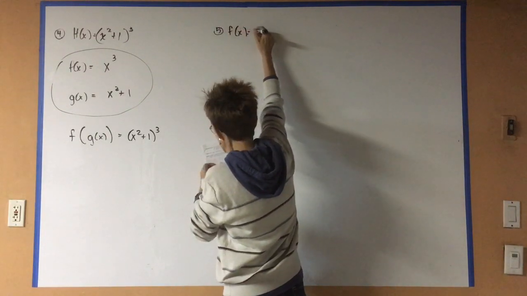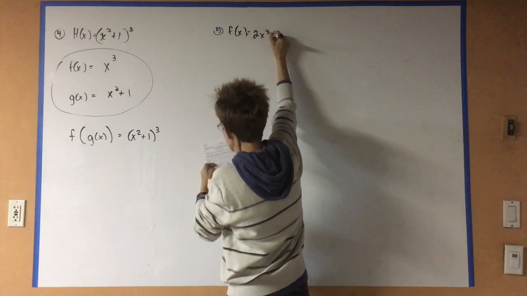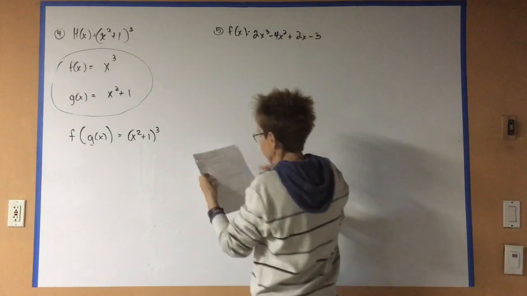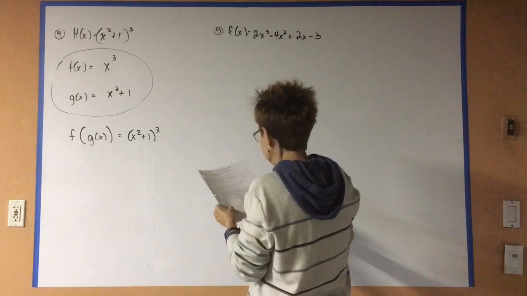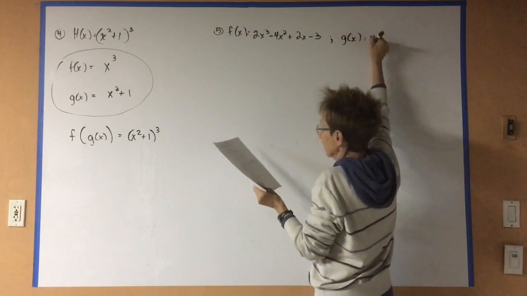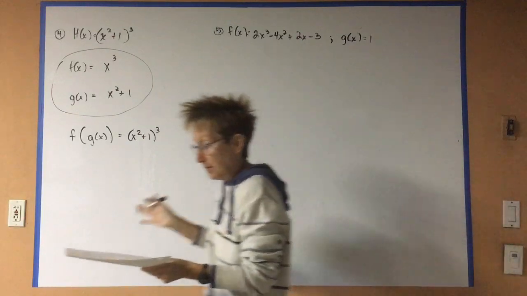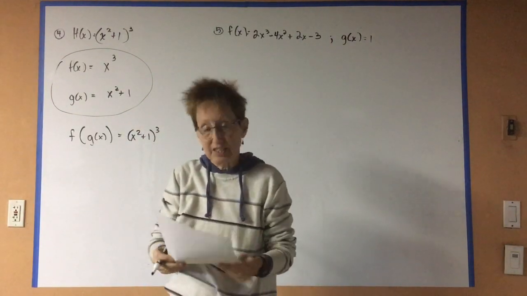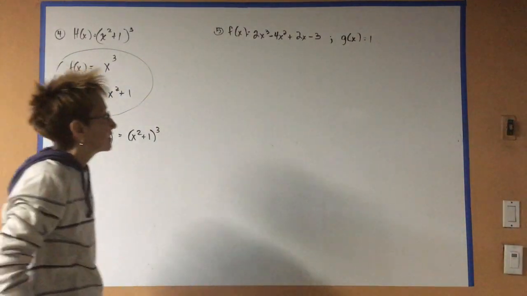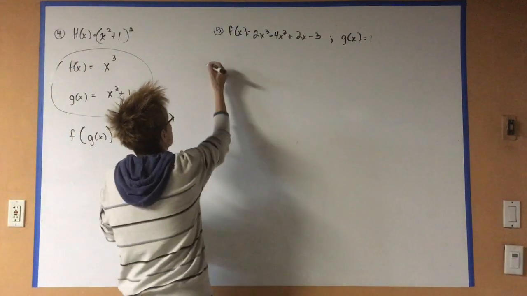It tells us that f of x is this big long thing, and then g of x is equal to 1. And they want me to find f of g of x and g of f of x. So they don't want to bother to find domains. They just want me to find f of g of x and then g of f of x. All right, so let's do that.